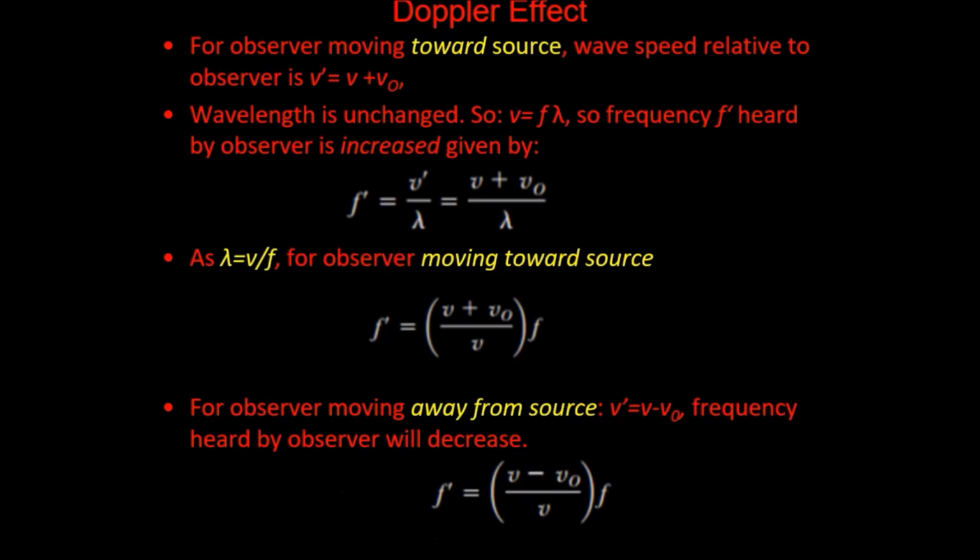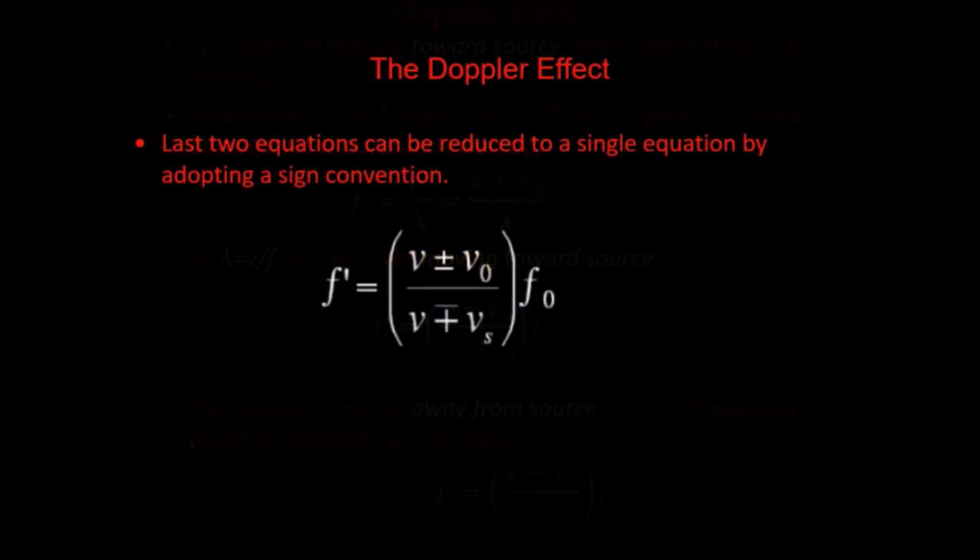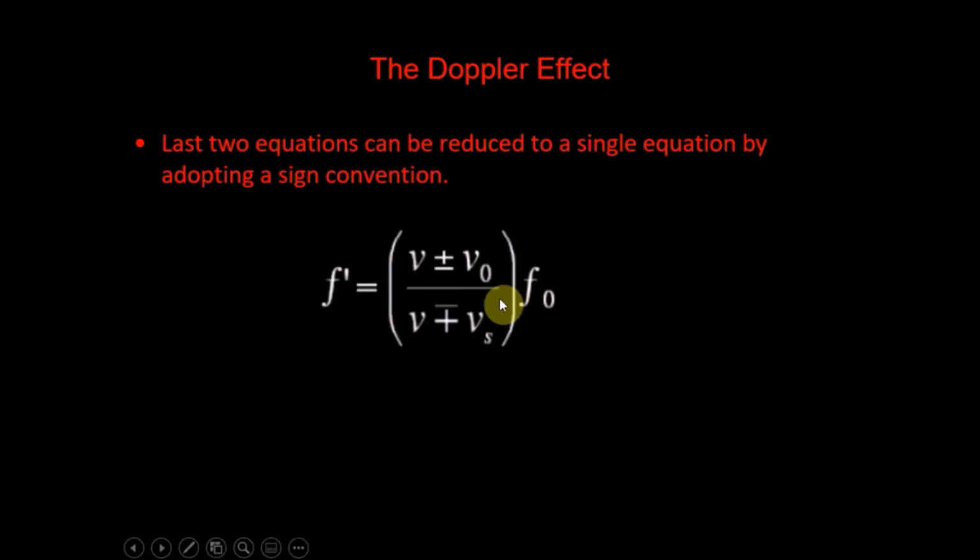That means we can take these two expressions and combine them into one for simplicity's sake. When we deal with the Doppler effect, we can reduce them down to a single equation and look at the sign convention. Here we have v plus v0, the wave velocity plus the velocity of the observer, over v plus vs. Here's the velocity of the source, here's the velocity of the observer.